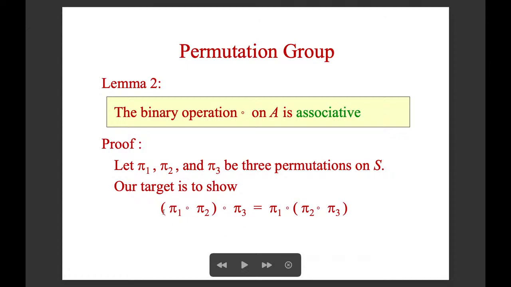This is one way of doing so. The other is to do the composition of pi 2 and pi 3 first, and then operate on pi 1. We will see that this binary operation is actually associative. So it doesn't matter whether we combine these two first or these two first. Again, you can check why it is true by yourself.